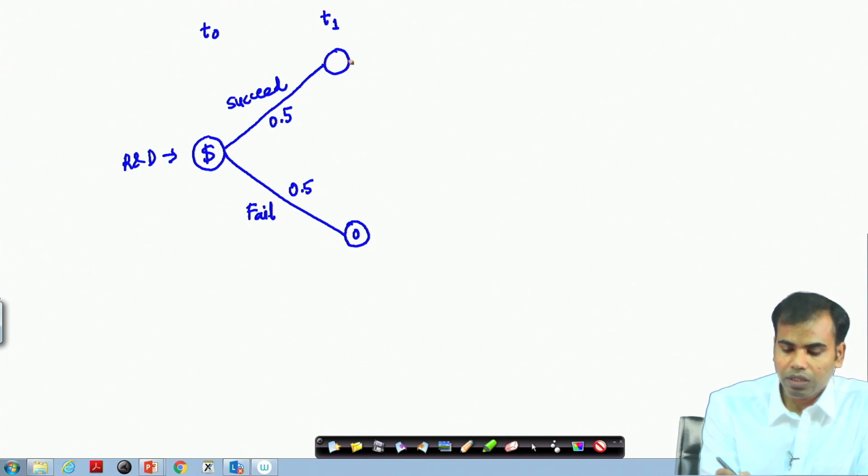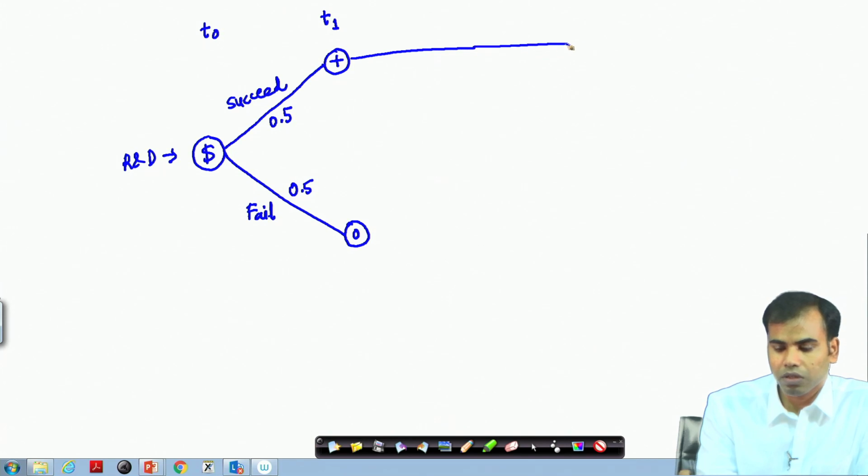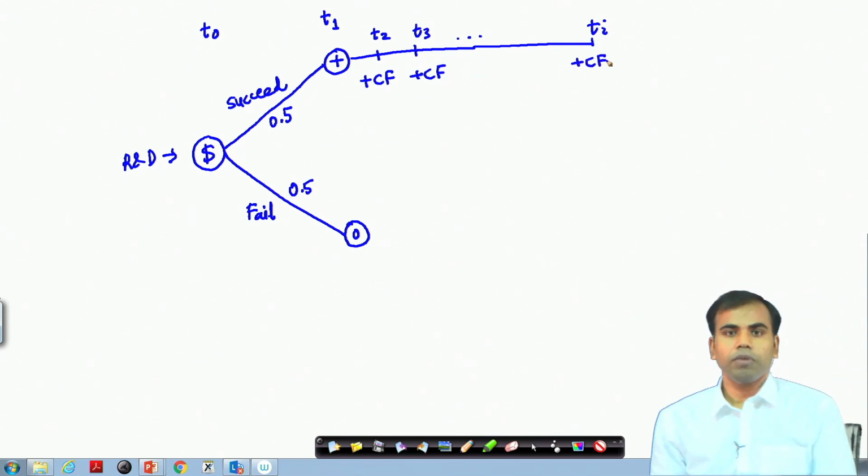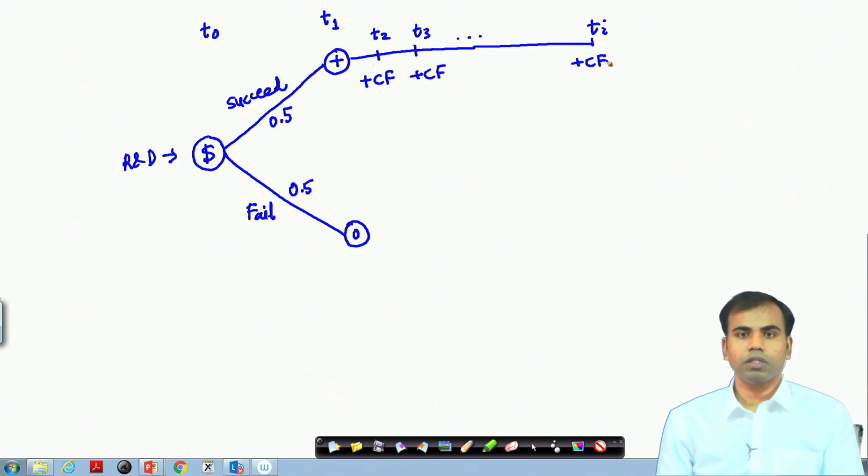If it succeeds, you start getting some money from that particular successful product. So, again you go ahead with T 2, T 3 and so on till T I. So, every time you get some positive cash flow, till the time your product is being sold in the market.